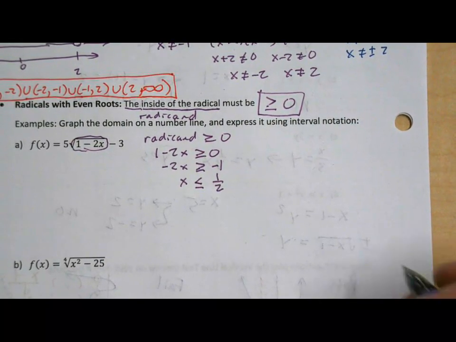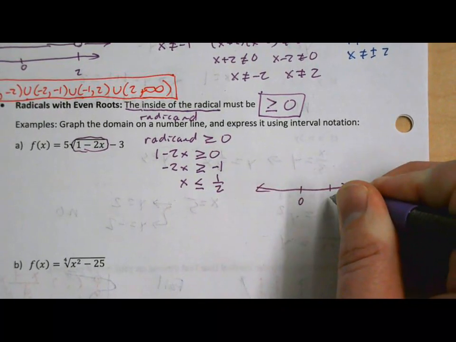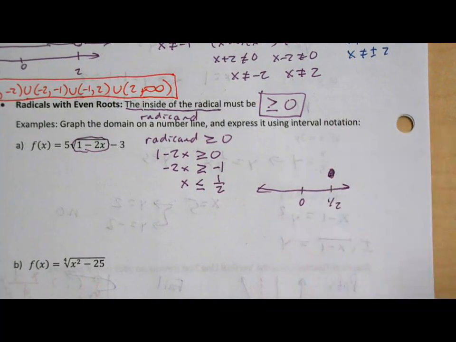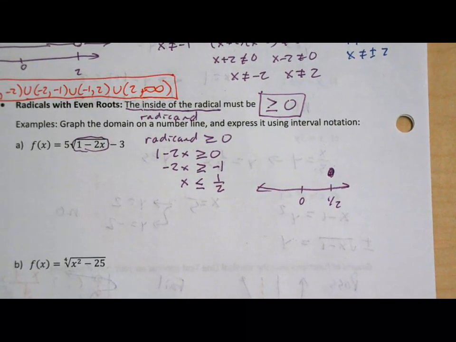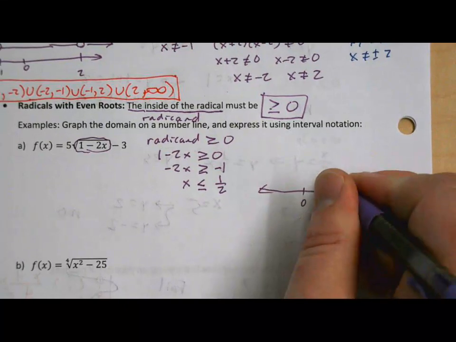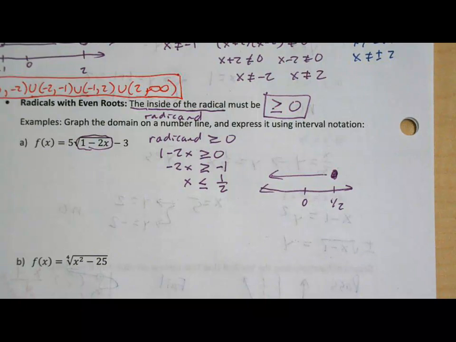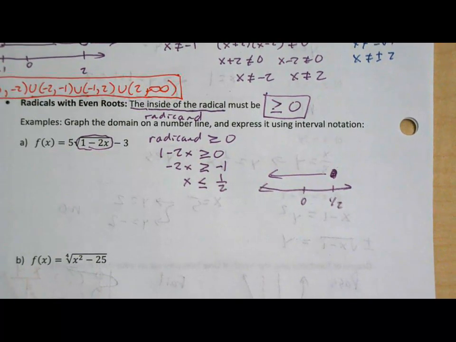So there's our restriction. I'm going to go ahead and graph this. Less than or equal to, so that gets a solid dot, closed dot. If x is less than, then we're heading to the left. And then we just need to turn that into interval notation. I'm going to leave that one up to you guys.